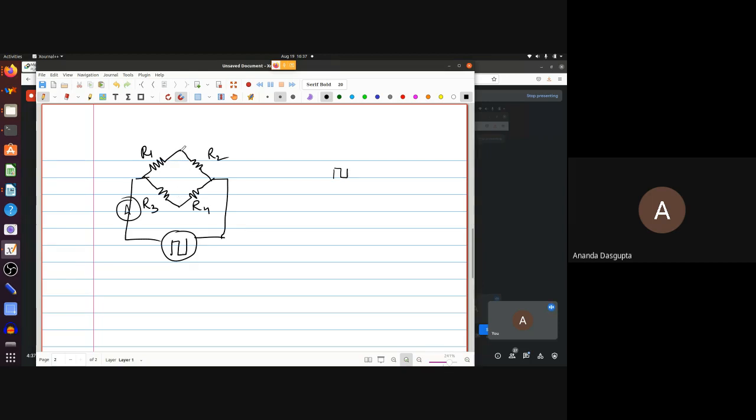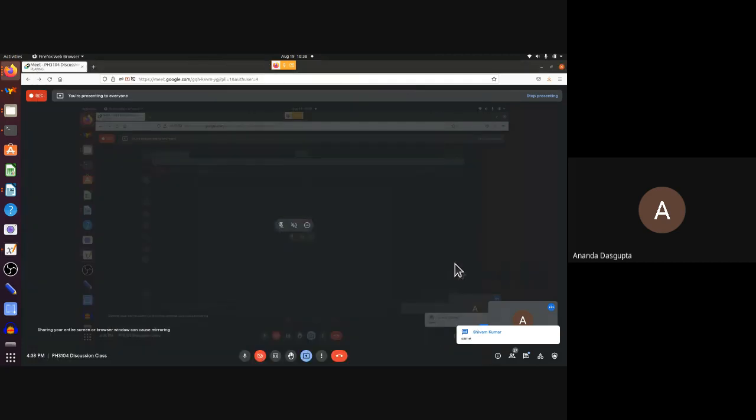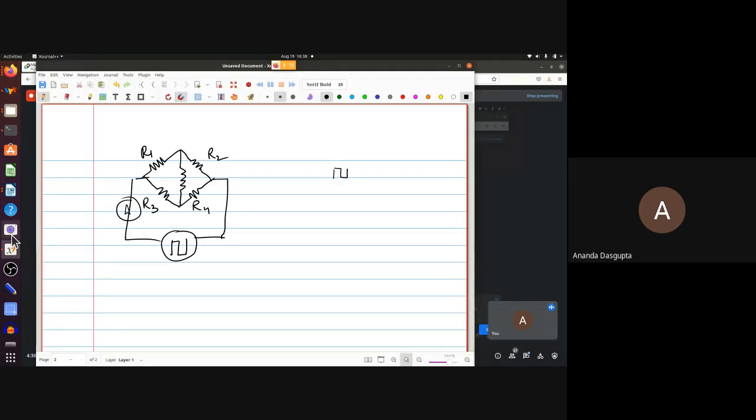Okay, suppose I did have a resistance here. Then what would the waveform here look like? Okay, somebody is chatting. Same. Okay, you are saying same. When you say same, I hope you mean same qualitatively.